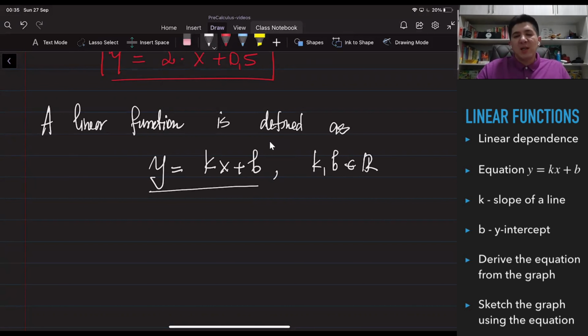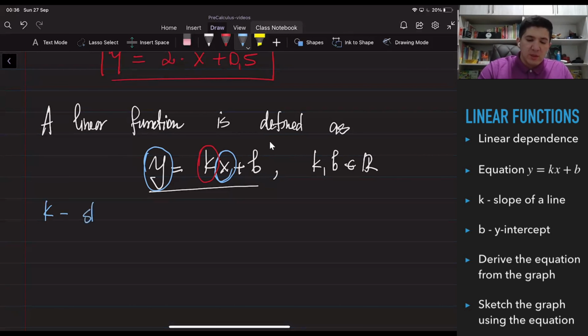What it basically tells you is that if you change x, then y is going to be changed by this scalar, okay, linearly. Good. So there are also definitions of k and b. K is called the slope, and b is called the y-intercept.